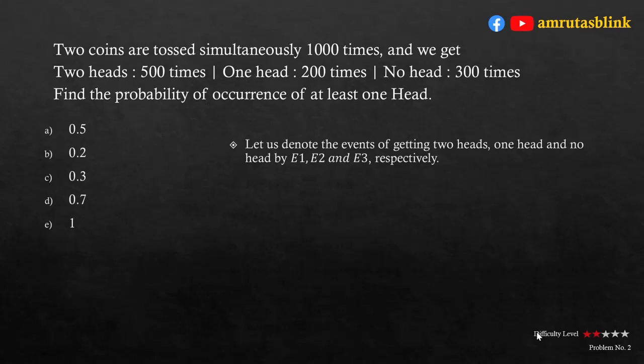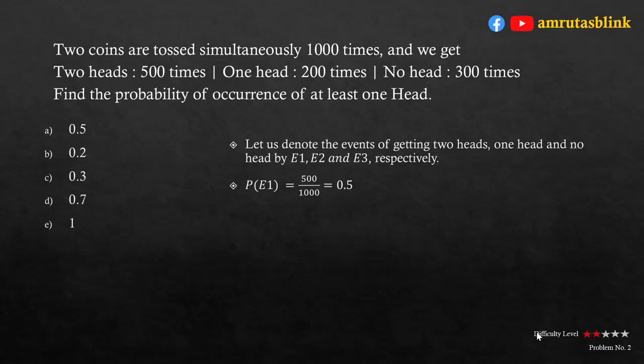That means in 300 events on both the coins it was tail. Let's suppose we will denote all three events, that is two heads, one head and no head, by E1, E2 and E3 respectively.